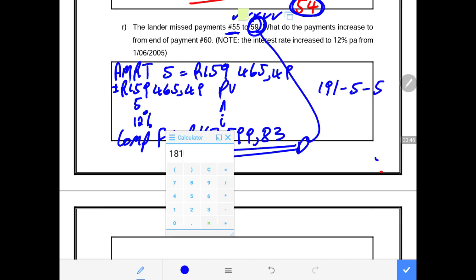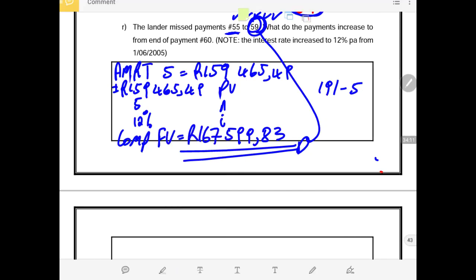That means we have 181 months left, meaning payment number 60 will give us 181 remaining, which is the same as 240 minus 59. This gives us 181. Either way you do it, it doesn't matter. You can do it from the total period or from the changed period.